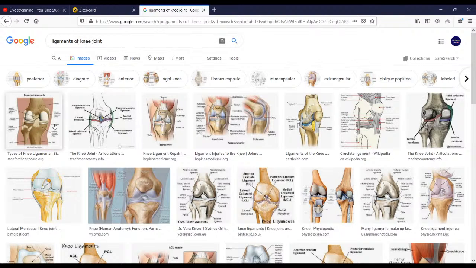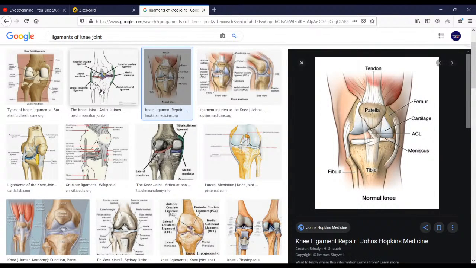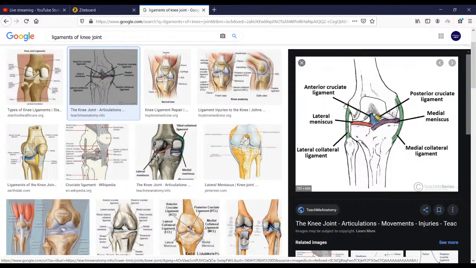Just look here. This is, I think, a better one. See, anterior cruciate ligament and posterior cruciate ligament mean front and back. Collateral means towards the side.